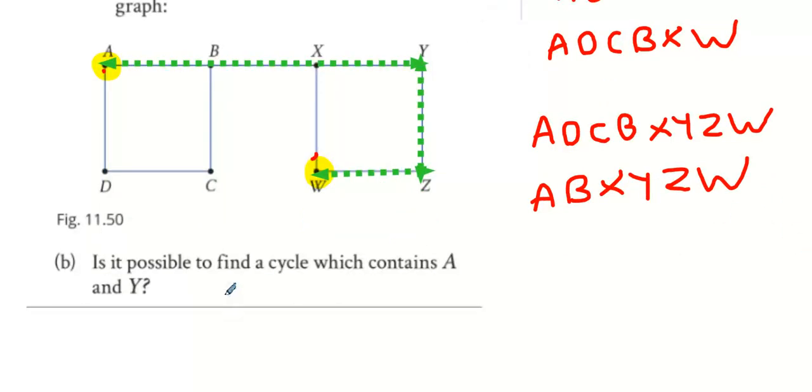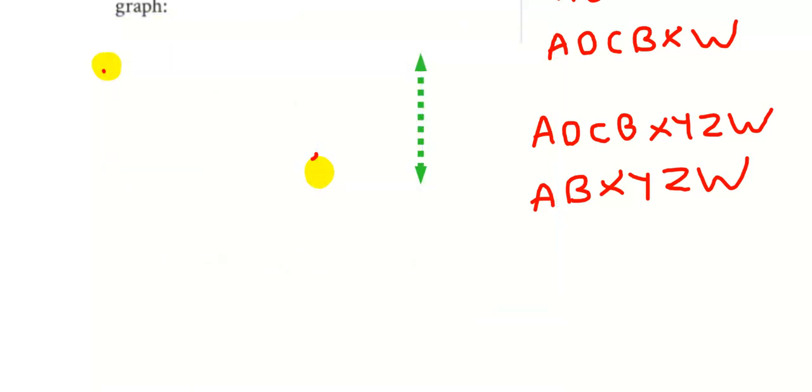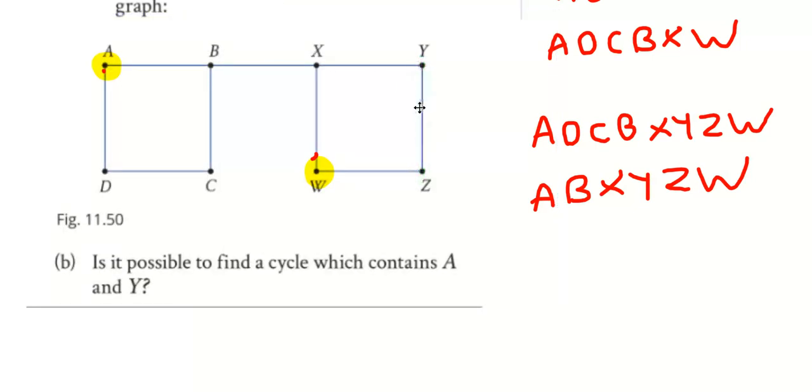Is it possible to find a cycle which contains A and Y? The answer would be no, because once I get to Y, there's no way I can get out again without using the same side. So no matter what happens, I'm going to have to go from A to B, whether it's this route or this route.